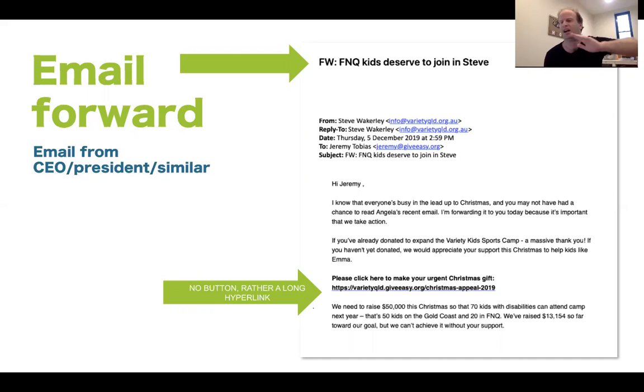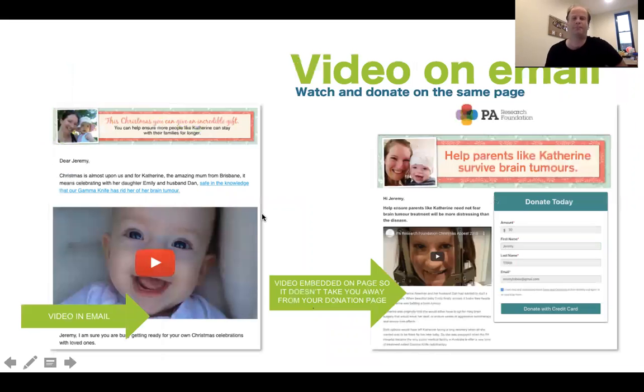And it's, hi Jeremy, just wanted to make sure you received the email below. We really need your help. So you're attaching the email below. It works a treat. On a number of the mail programs, you actually get across some of the blocking issues because it's coming from a different sender. So it's coming from Jeremy Tobias, CEO at GiveEasy rather than GiveEasy. And people love that personal touch. So get in touch, happy to help there.